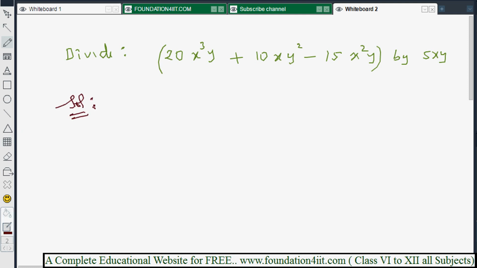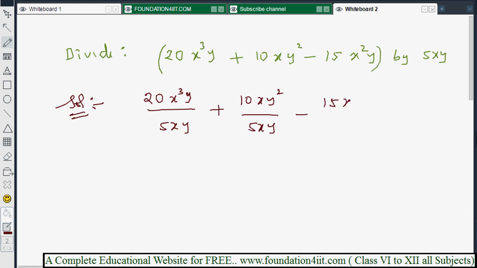See here, 20x cube y divided by 5xy, both positive, plus 10xy square divided by 5xy, minus again 15x square y by 5xy. Each and every term. Now cancel if it is possible.